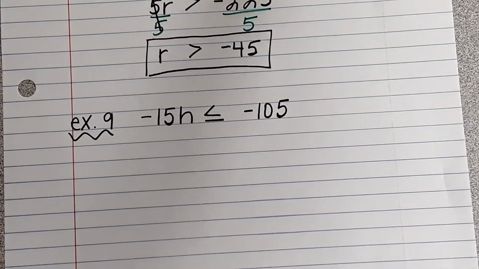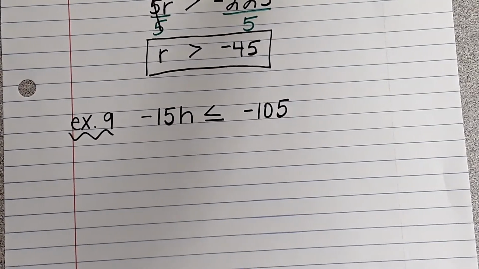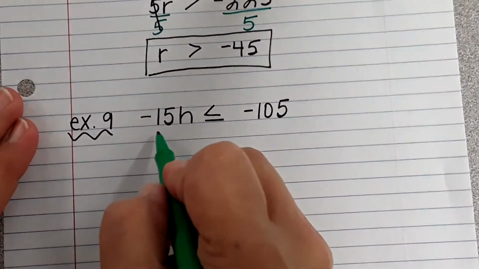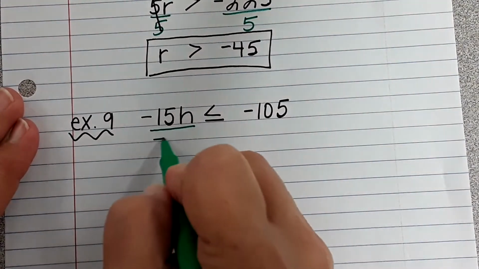Okay. What do we do? How do we solve this? How do you get rid of the -15? Divide by -15.